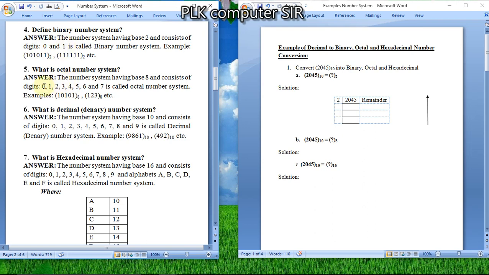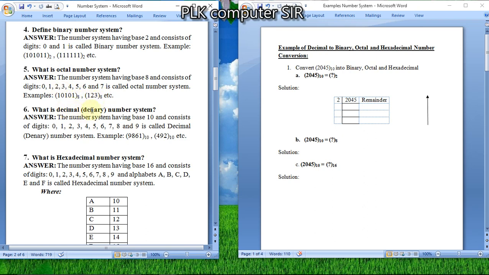Similarly, in the octal number system, base 8, the maximum digit it can contain is 7, because 0 is also counted. Now example 10101 base 8. If there is 1001, don't get confused. Understand by the base. If it is 8, then think it is the octal number system, not the binary number system.